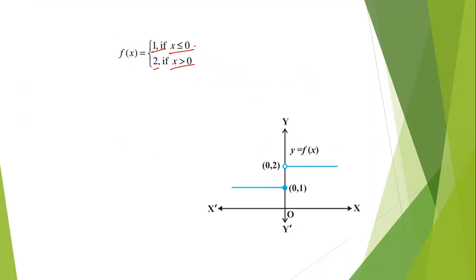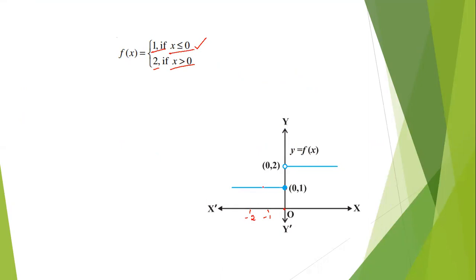First one here, 1 if x is less than or equal to 0. So 0 is included. For 0 and all the values less than 0, that is the left hand side, all the values here, you'll have -1, -2, etc. Isn't it? 0 is also included. For this, the value of the function will be 1.